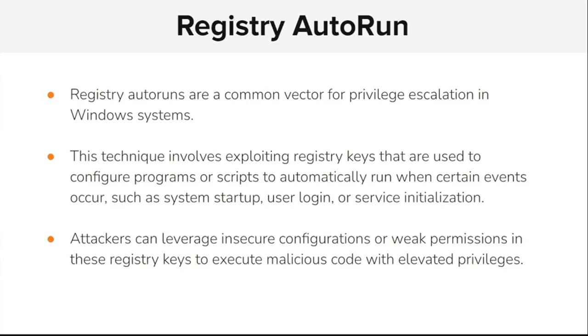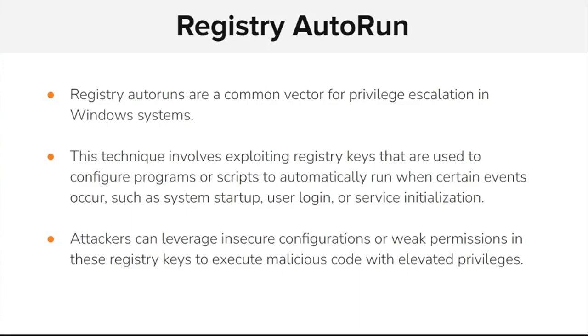Registry autoruns are a common vector for privilege escalation in Windows systems, and this particular technique involves exploiting registry keys that are used to configure programs or scripts to automatically run when certain events occur, such as system startup, user login, or service initialization.